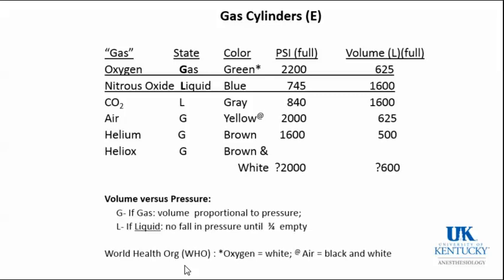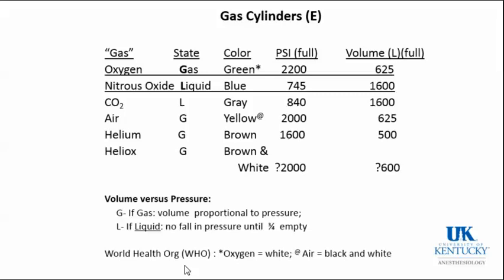So for instance, with oxygen when it's full, it has a pressure of 2200 psi and a volume of 600. If the pressure is half of that, around 1100, then there's half that volume left, around 300. When it's a quarter, there's a quarter.